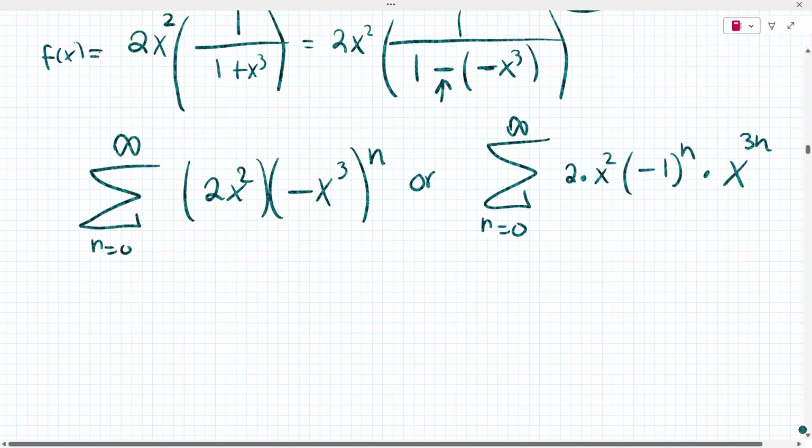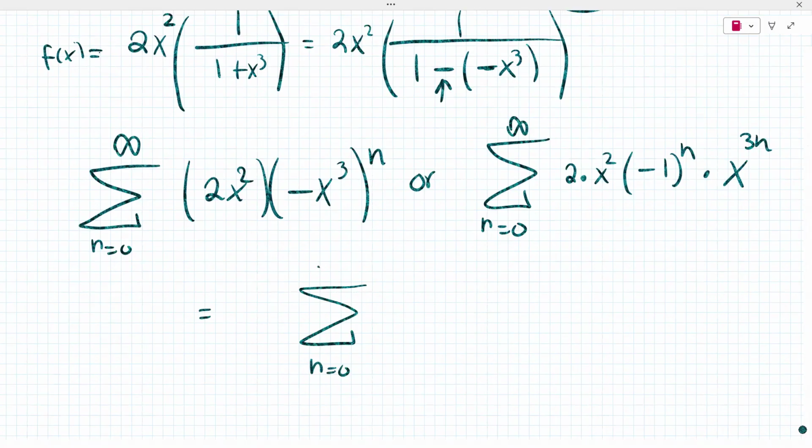That gives you the summation n equals 0 to infinity of 2 times negative 1 raised to the n of x to the 3n plus 2.